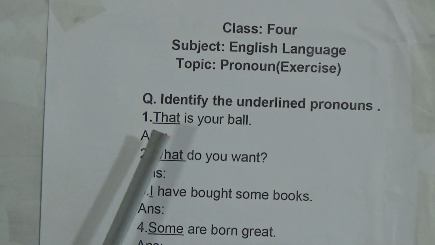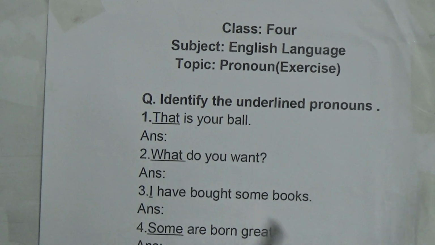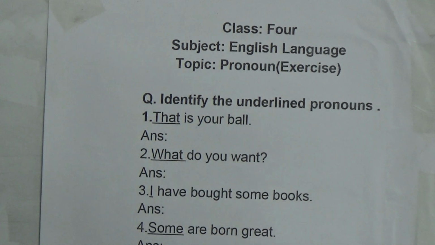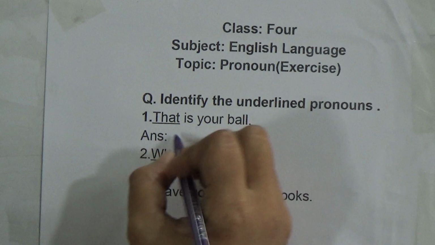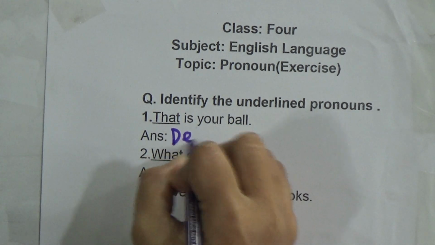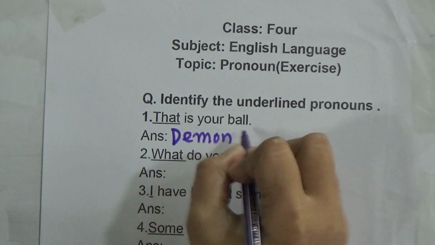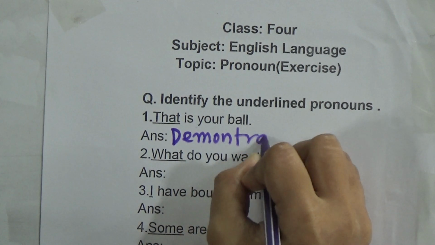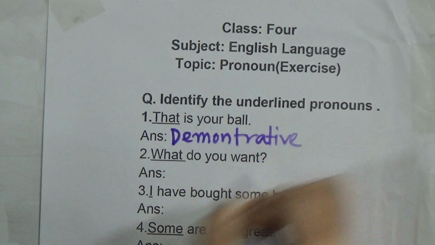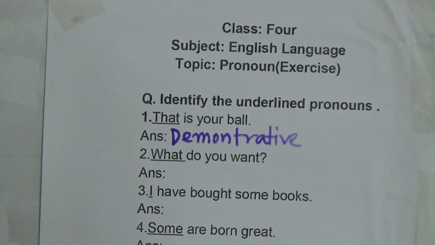So it will be demonstrative pronoun. We all know that if any pronoun is used to point out people or things, it will be demonstrative pronoun. So we will write here demonstrative pronoun.